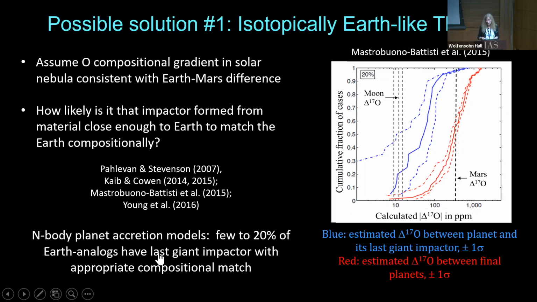They look at the fraction of cases where the final large impactor on an Earth analog that is growing in one of these simulations originated, and what fraction of the time it formed close enough that it would have a similar composition.